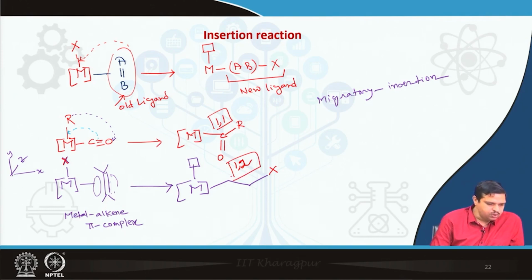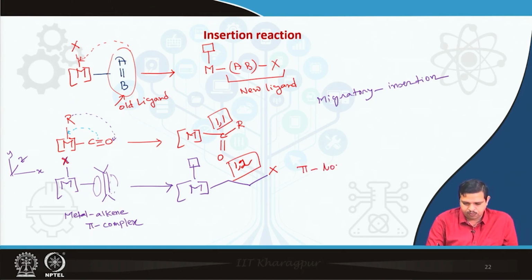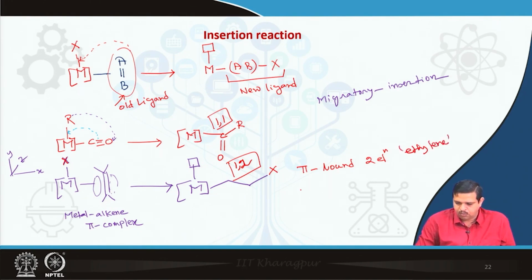Here the pi bond, the two electrons, insert into the M-X bond. So, the pi-bound ethylene moiety actually inserts into the M-X bond.